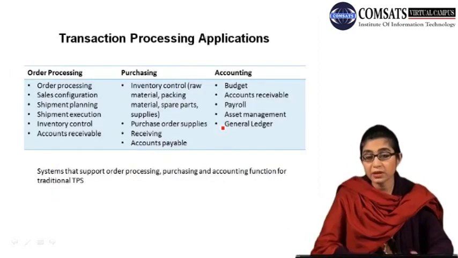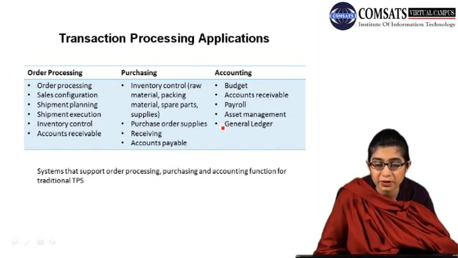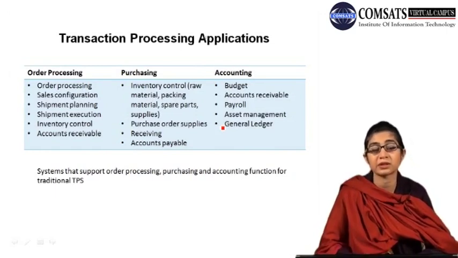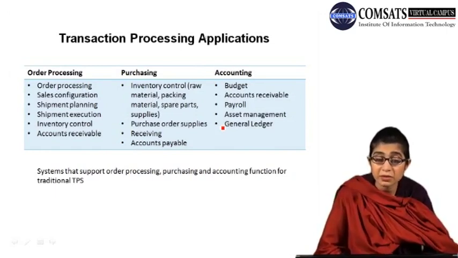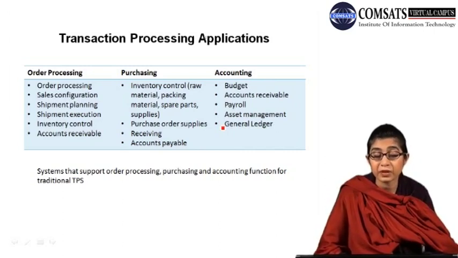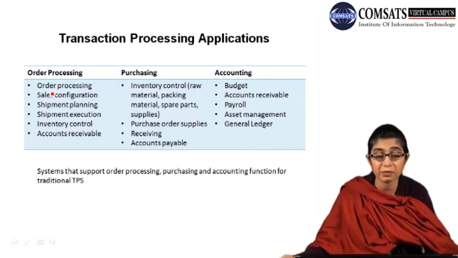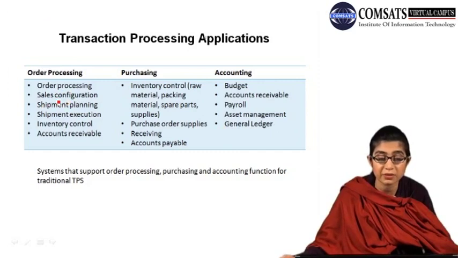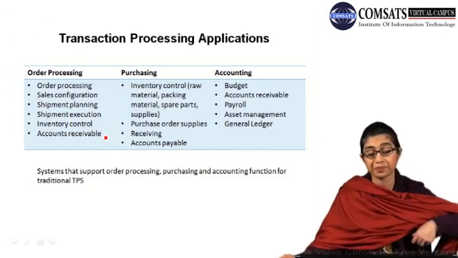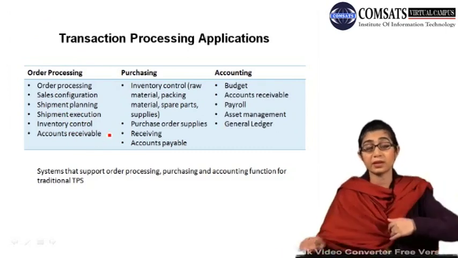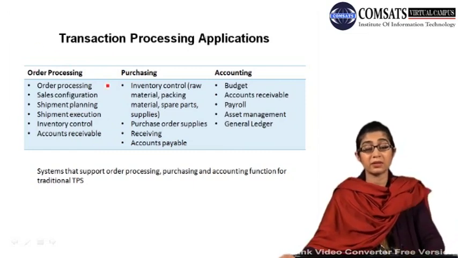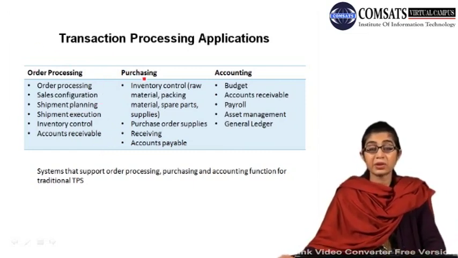Right, जी transaction processing applications जो हैं वो different kinds of systems में use होते हैं. Transaction processing for example order processing में use हो रहे हैं, तो उसके different kinds of जो functions हैं वो कौन-कौन से हैं, they are all mentioned here. For example, order processing के functions would be order processing, sales configuration, shipment planning, shipment execution, inventory control, or accounts receivable. So these are all the functions that are handled by the TPS in the order processing systems.